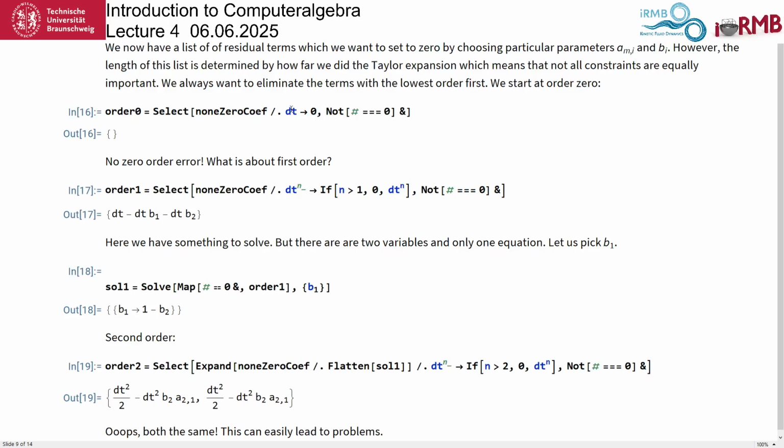Because this would be very bad. It would mean there would be an error that is not dependent on delta t, so that would render our method inconsistent. I'm going back to the example where your answer is always 8.